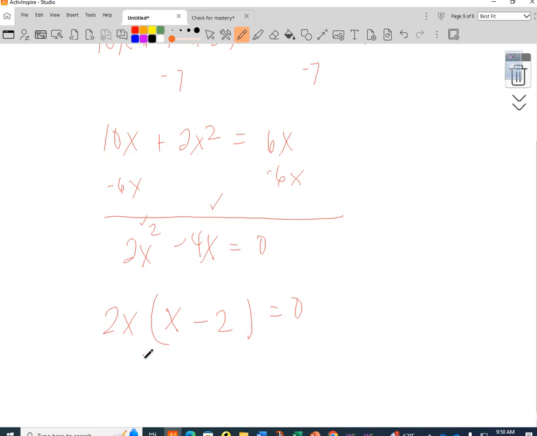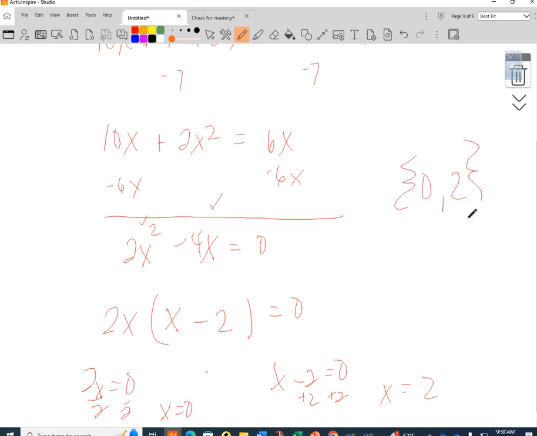So now we have factors. What do we do from here? Okay, now what? Perfect. And we're going to put our answer in set notation.